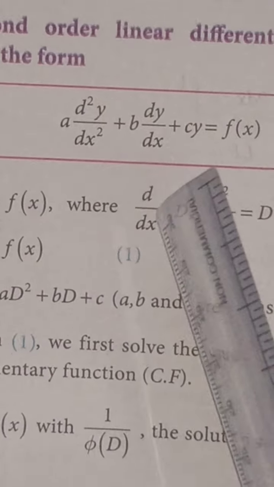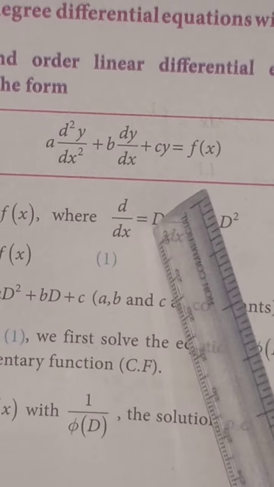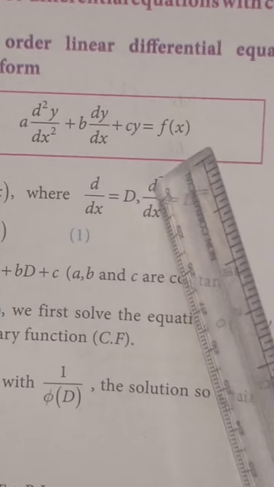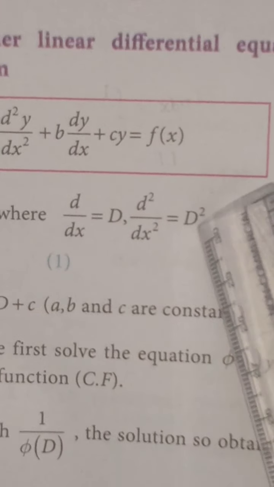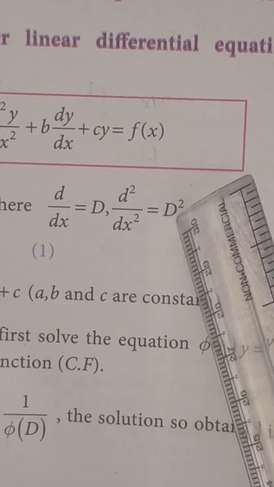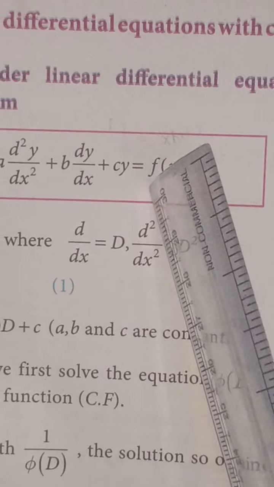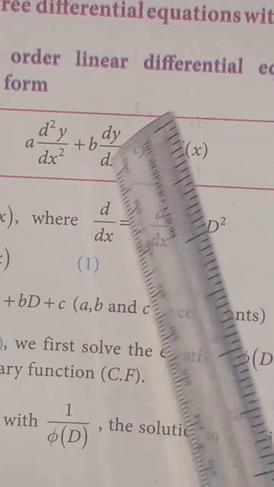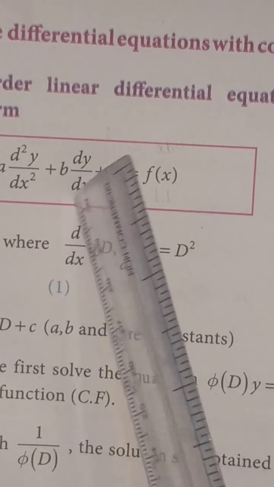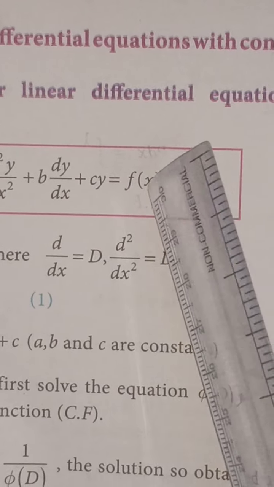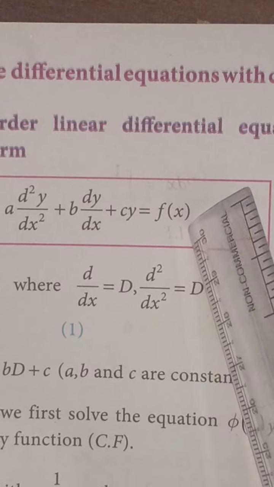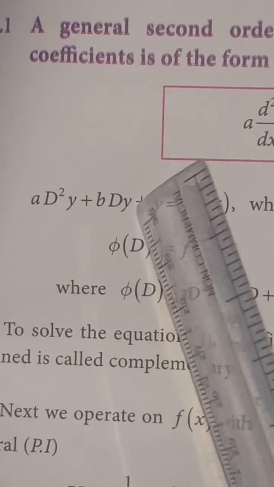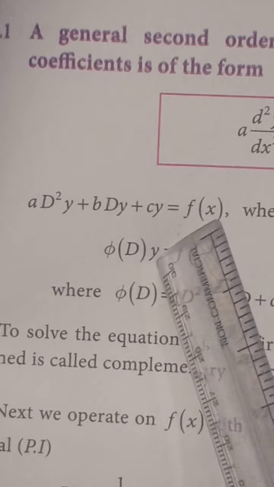Here you can consider d by dx as capital D, and d squared y by dx squared as capital D squared. So this equation can be written as a into D squared y plus b into D y plus c y, equal to f of x. Here y, here y, here y, you can take y as common.